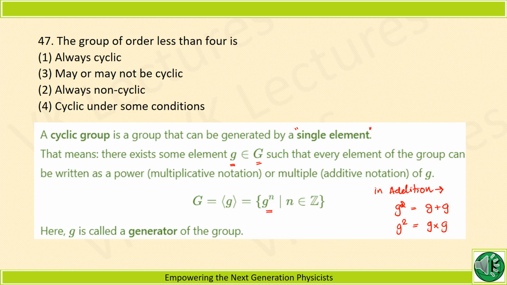Where n is any natural number and g to the power n belongs to the group, and this g is called the generator of the group, one which generates all other elements in the group. That is why it is called the generator of the group.